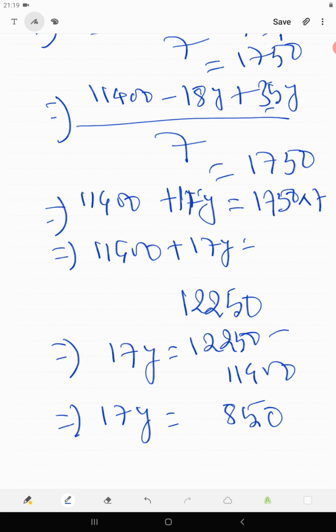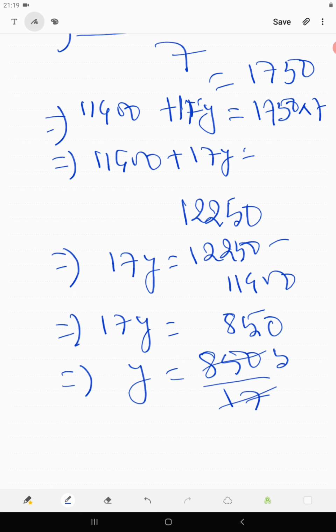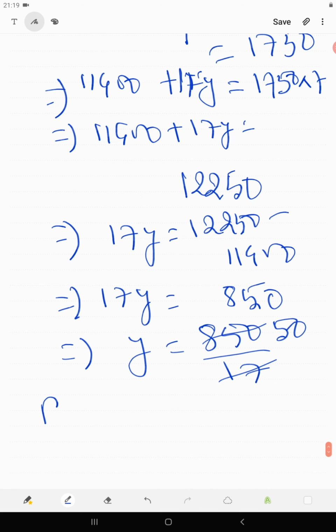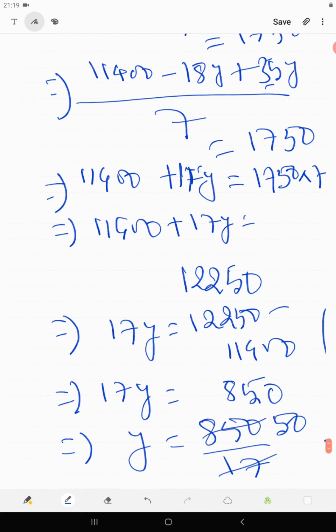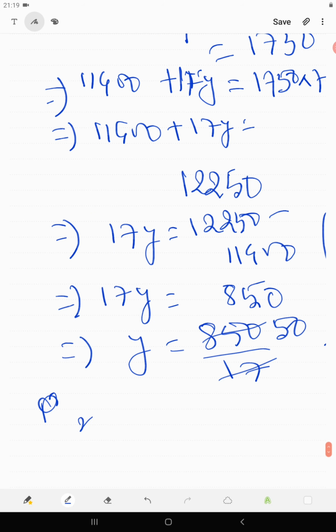So that's it. It will be 850. So y will be 850 divided by 17. 17 times 5 is 85, so 50. So we have got y equals 50. Now put this y in equation 3. So what we will get? x equals 3800 minus 6y by 7, correct?